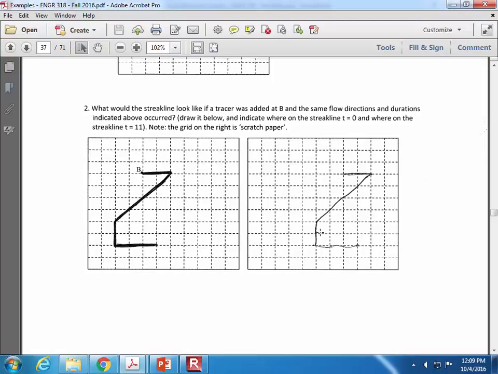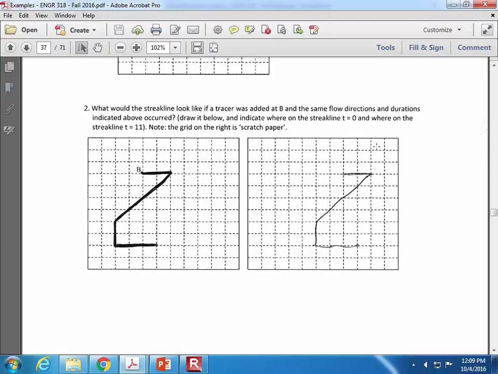So if the flow is moving to the right, then that means that this, at the end of that first time period, is the dye that's just now being injected, and the tracer that was originally injected is here furthest to the right. Then if the flow is moving down, then that's where this line segment came from, and so on.